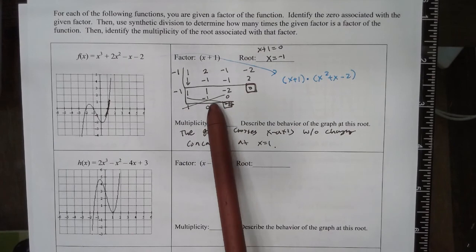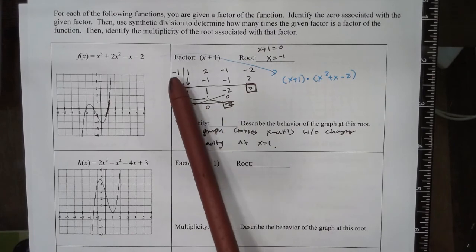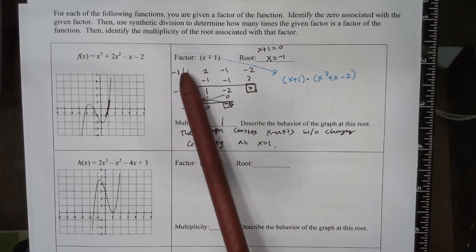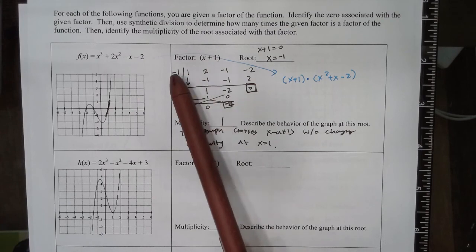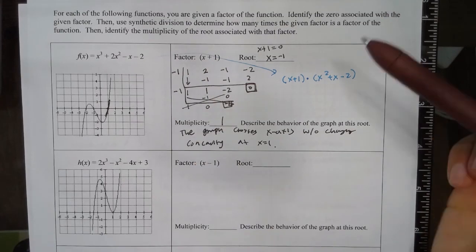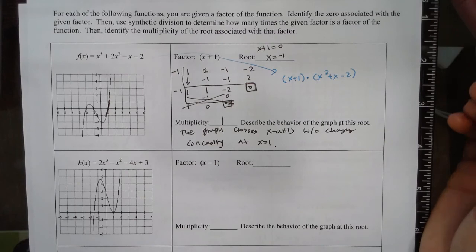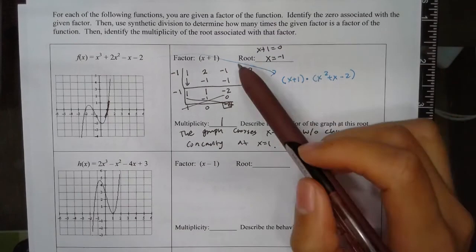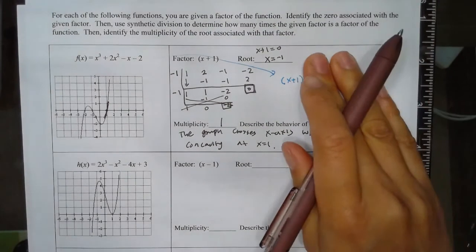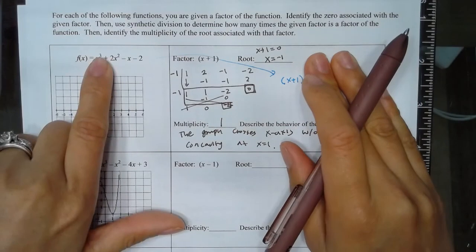Do you wonder how that's related to the equation of the function? Yes, so this means if I were to factor my original problem, it's just going to be x plus 1 to the first power, that's my divisor, times the quotient, x squared plus x minus 2 right here.